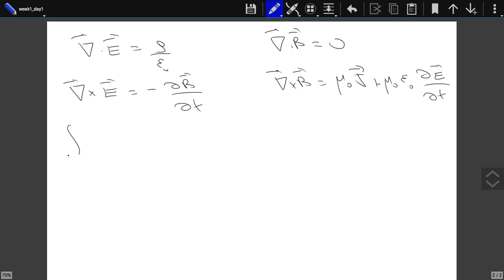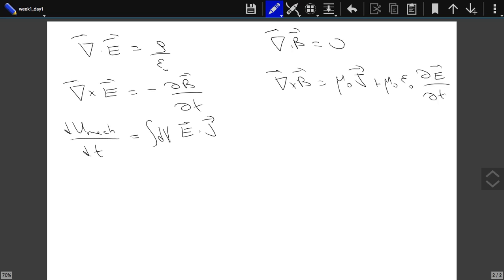So what we have, the rate of change in the mechanical energy of my system, we had already shown that it was equal to the integral over the volume of my system of E dot J. Now I'm trying to eliminate all the dependencies on my point charges.